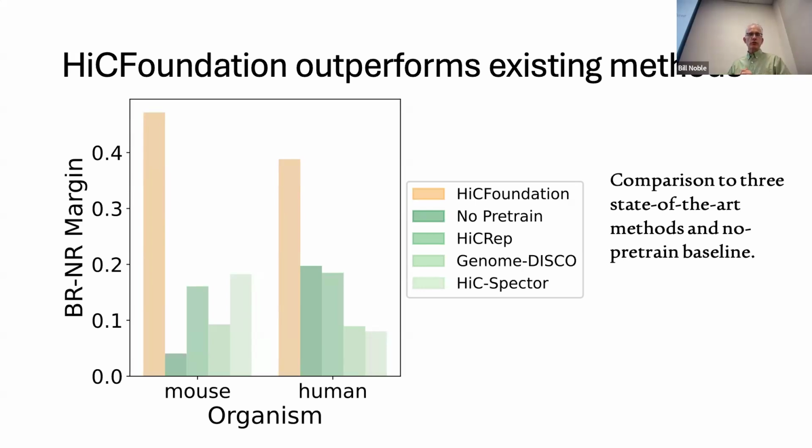Here, we're comparing to 3 of the existing state-of-the-art methods in terms of this BR-NR margin. And we also always compare to what's called a no pre-train baseline, where you just train the whole model from scratch on this particular task. What you can see is even when we're looking at novel biosources and novel chromosomes, we do a much better job of separating than the state-of-the-art methods.